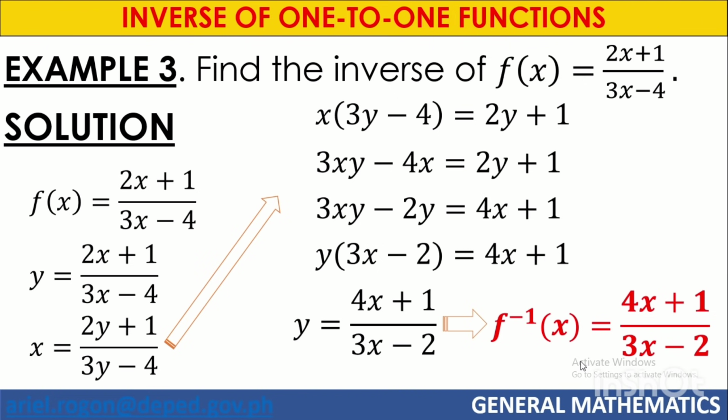Again, so yung inverse na natin is 4x plus 1 over 3x minus 2. So sundan lang niyo yung steps na yan. Okay, so makukuha niyo yung inverse. Next example.